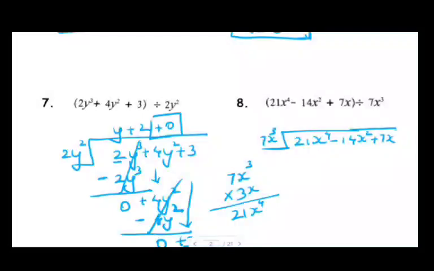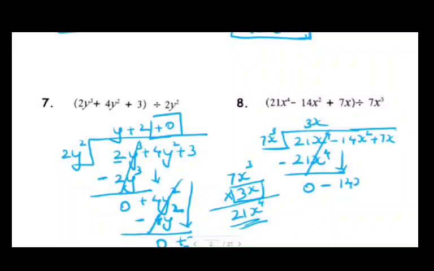Hence it will give me an x raised to 4. So this is what I've multiplied my divisor with, which is 3x. I get my answer as 21x raised to 4. This is what I've copied. Subtraction sign, eliminated. Bring down minus 14x square.